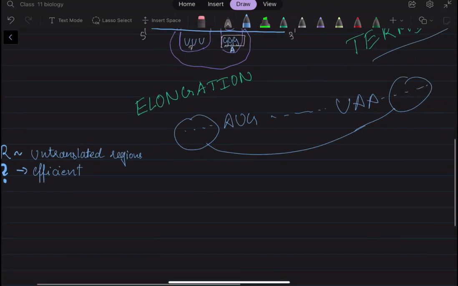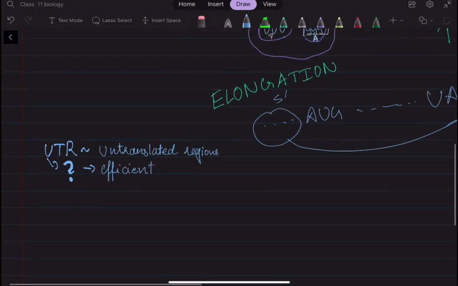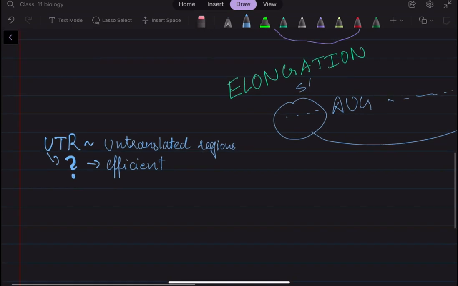UTRs, as I told you, are present both at the 5' end and at the 3' end. They come before the start codon and they also come after the stop codon. So these regions are untranslated. Why do we need them?